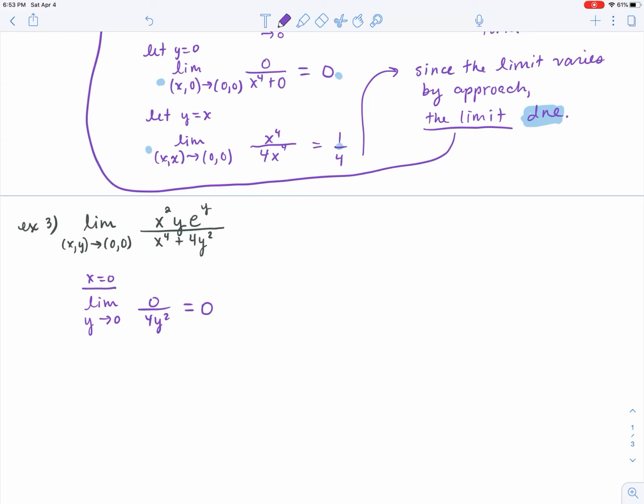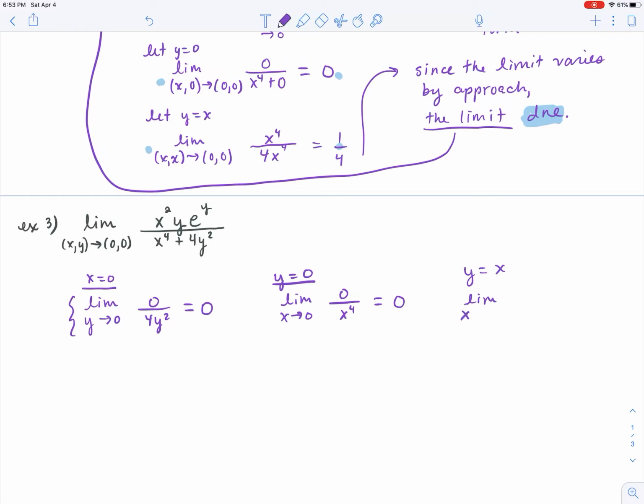Since I've let one of my variables be constant, this notation is okay for this particular iteration. So let's do y equals 0. And so we're going to now let the limit as x approaches 0 of 0 over x to the fourth, which is still 0. So again, let's try y equals x.